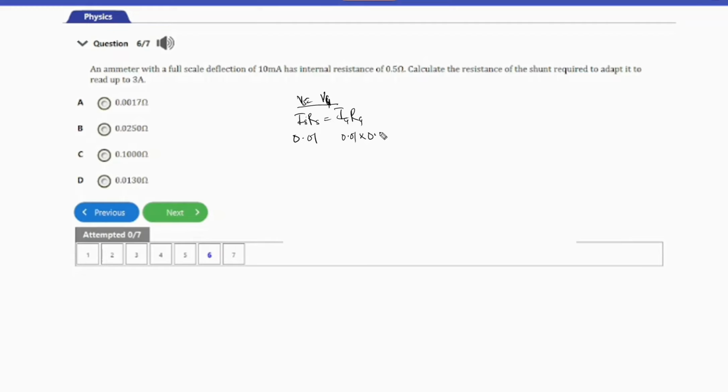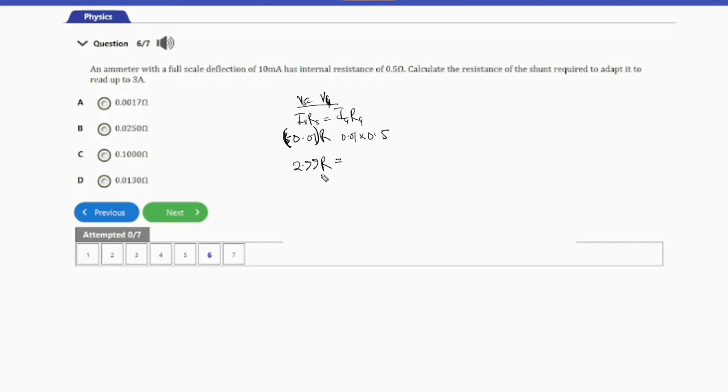But then for the shunt, the current will be 3 amps minus 0.01 amps. And then the resistance is unknown, and that's what we are going to look for. Having that the current is 3 minus 0.01, that will give us 2.99.